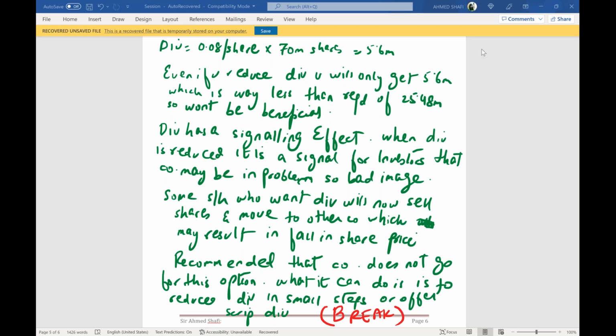Okay, now we will be moving towards the next question on sources of finance, which we have to do in today's class. And this is the next question, Spine company.